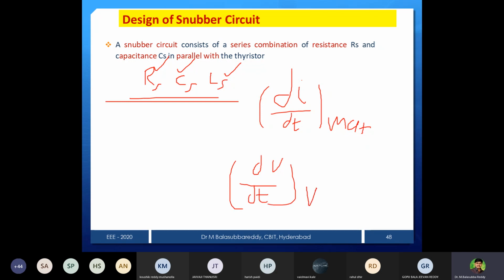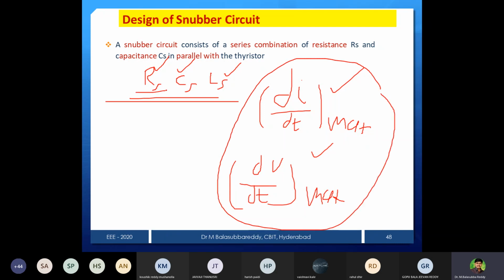These two values they specify for each device. With this information you have to design the R value, C value and L value to limit the dv by dt and the di by dt. That is the design of a snubber circuit.